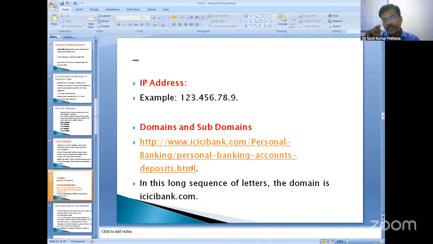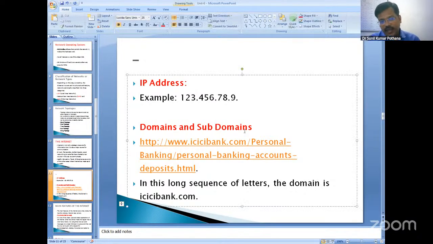It is a numeric value that identifies both a network and a local host or node on the network. Each number is distinctive and consists of decimal numbers separated by periods, for example 123.456.78. So this is the address.